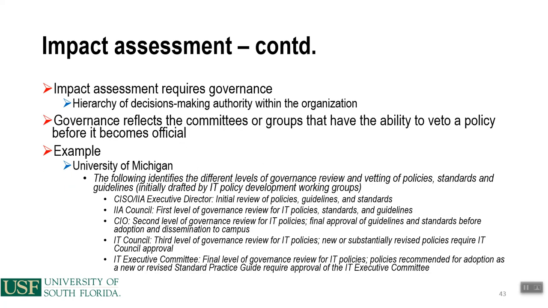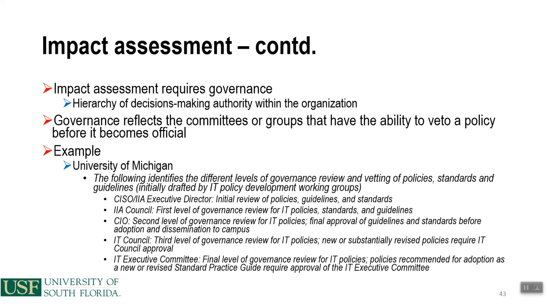Impact assessment requires governance, a hierarchy of decision-making authority within the organization. The governance reflects the committees or groups that have the ability to veto a policy before it becomes official. An example is the University of Michigan. In their policy impact assessment, they say the following identifies the different levels of governance review and vetting of policy standards and guidelines, initially drafted by the IT Policy Development Working Groups.